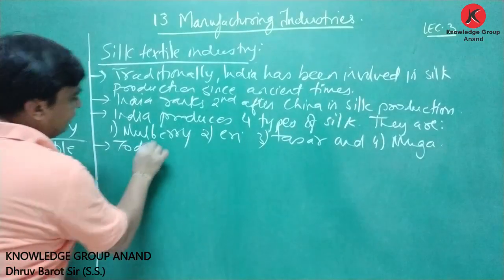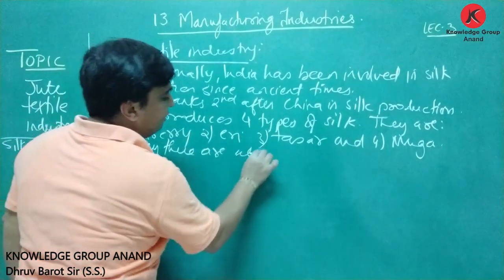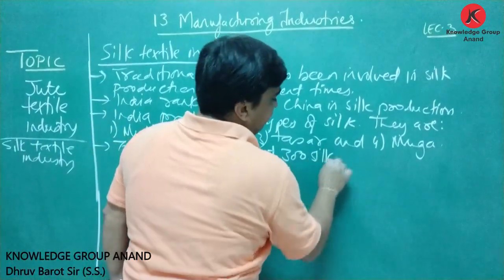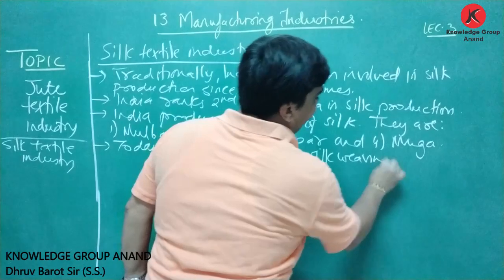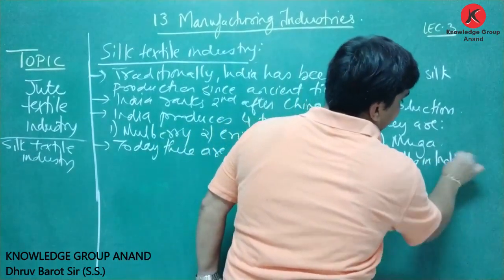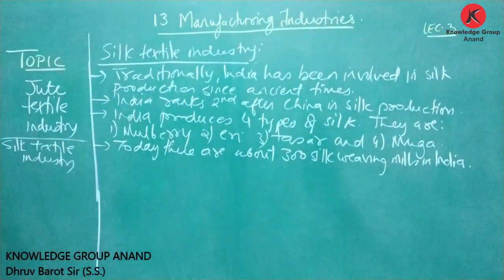Today there are about 300 silk weaving mills in India.